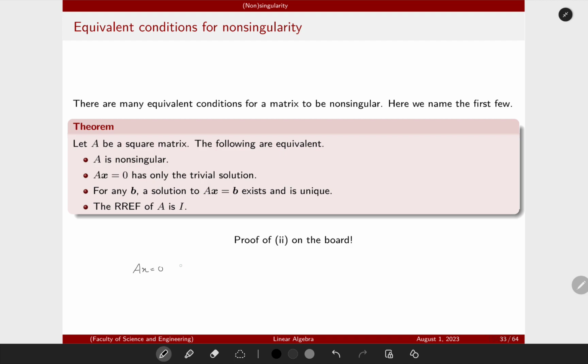Then we can take the inverse of A and multiply from the left on both sides. The left-hand side will reduce to x, and the right-hand side is just 0. So we have shown that Ax equals 0 implies x equals 0. So indeed Ax equals 0 has only the trivial solution.